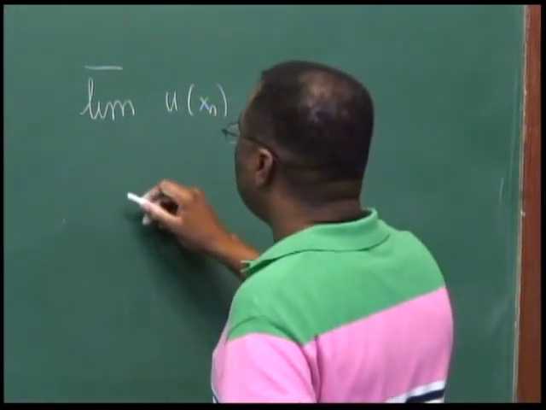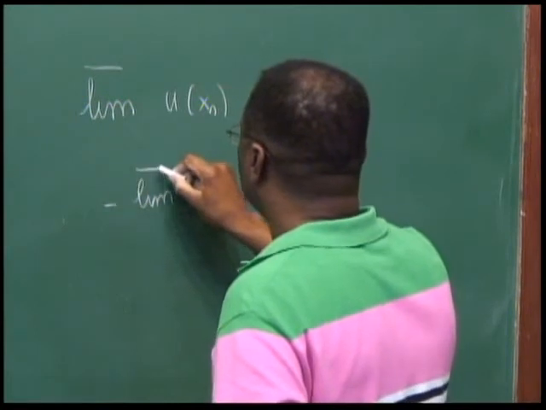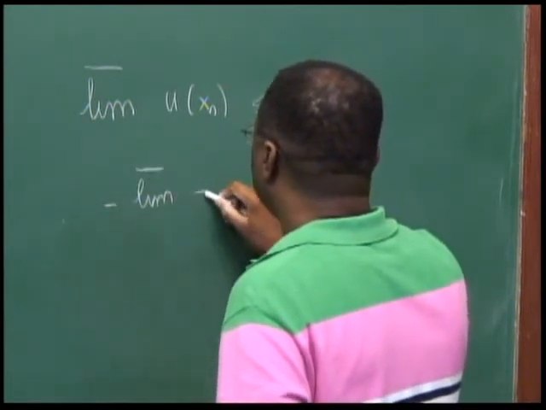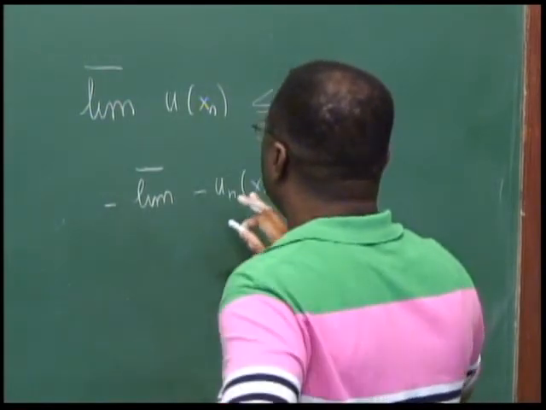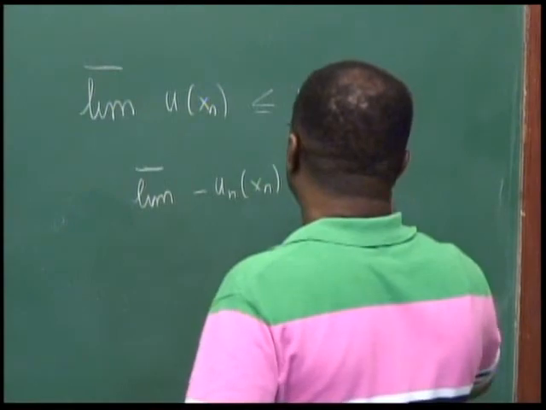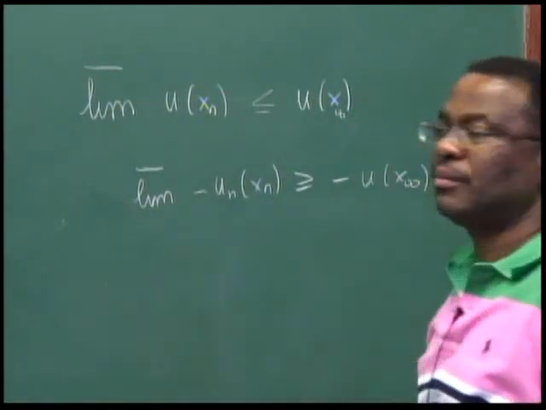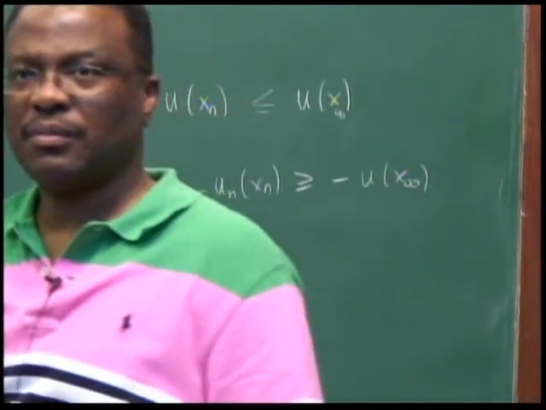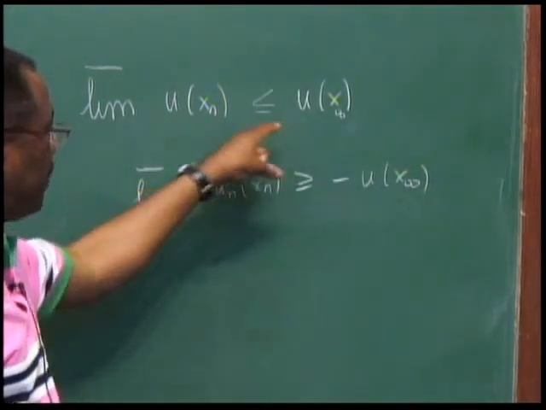But this is equivalent to negative lim inf of negative U Sn, which is bigger than negative U S infinity, if I multiply by negative 1. So if I multiply by negative 1, I reverse the inequality.